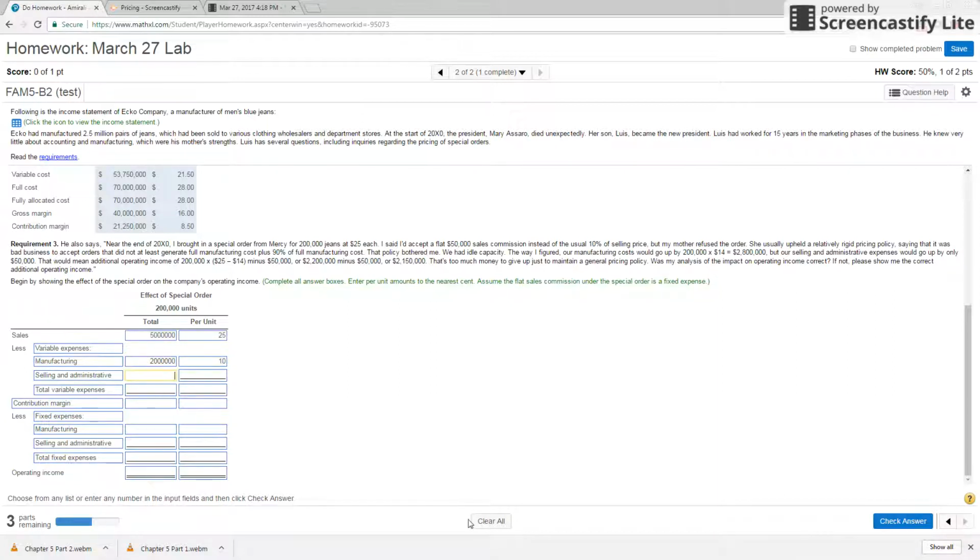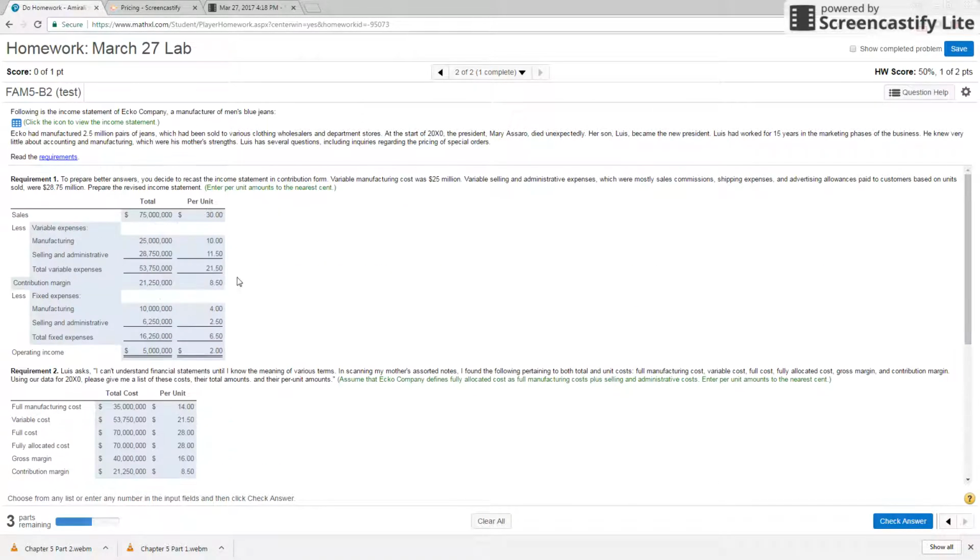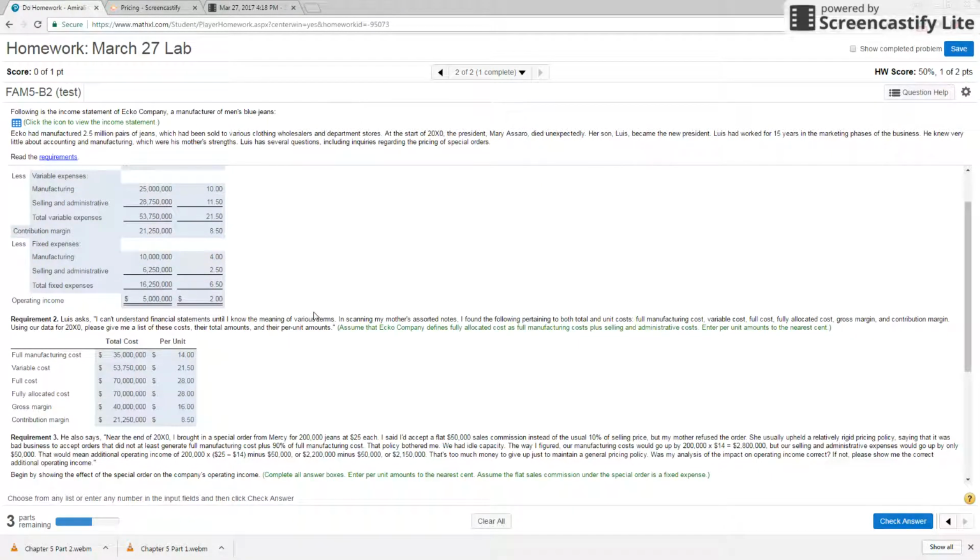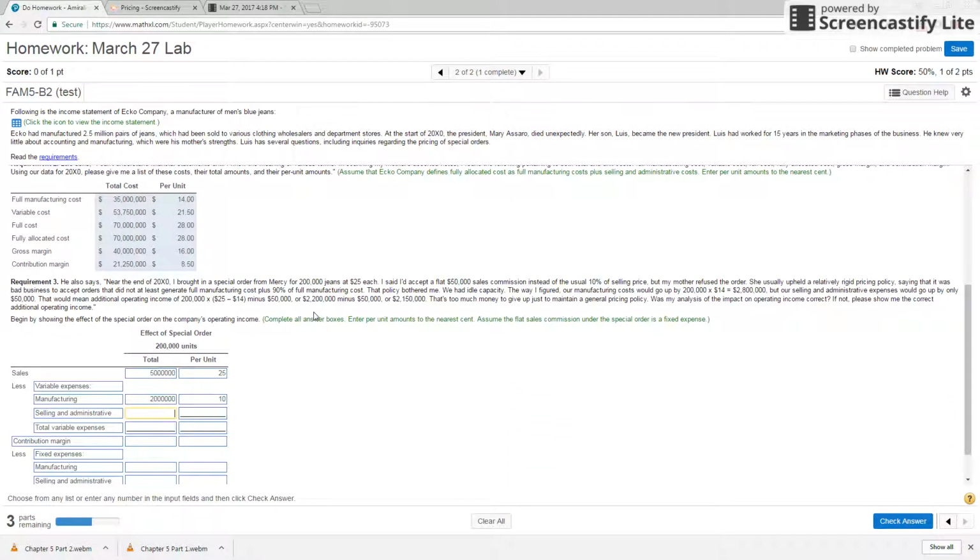As for selling and administrative, that's a little bit different. So we have $11.50 as selling and administrative. But here he refused to get the 10% of the selling price each time, and he reduces the commission to a flat number of 50,000.